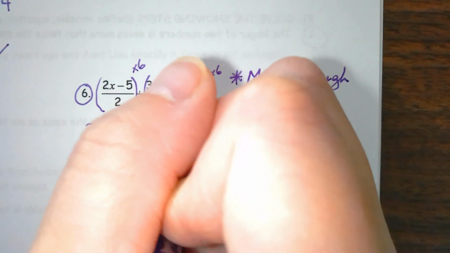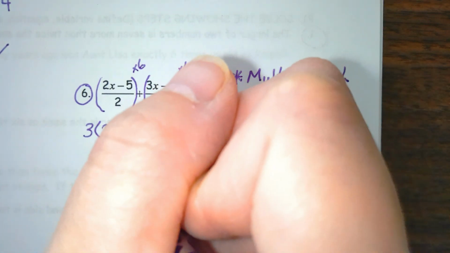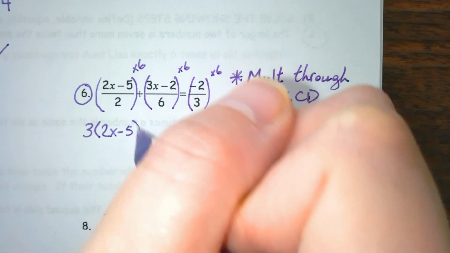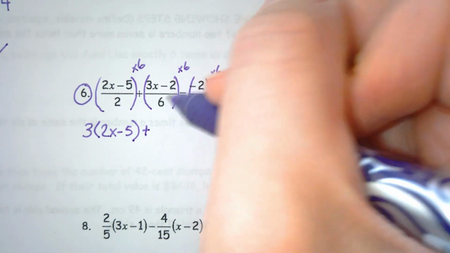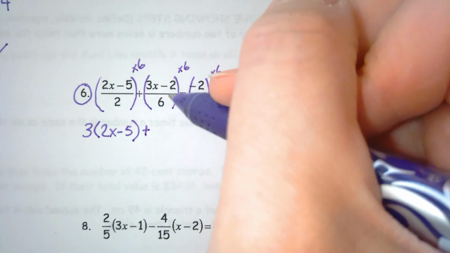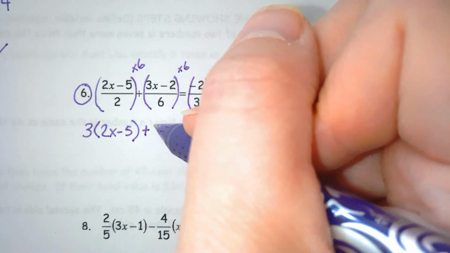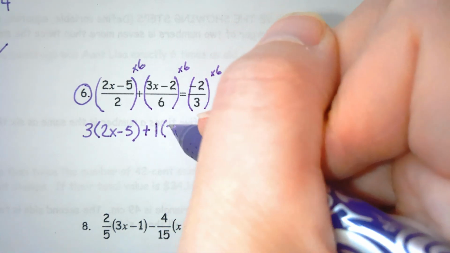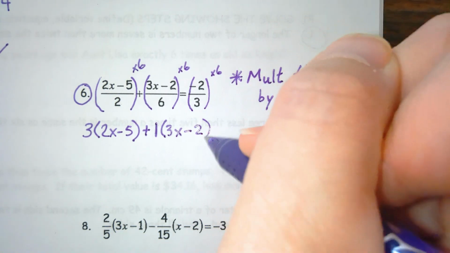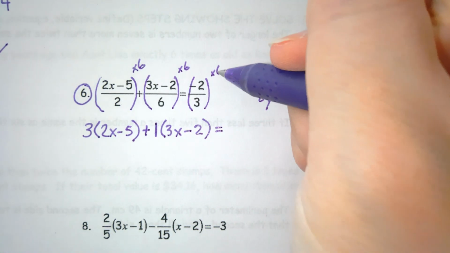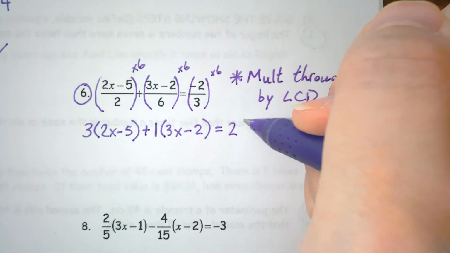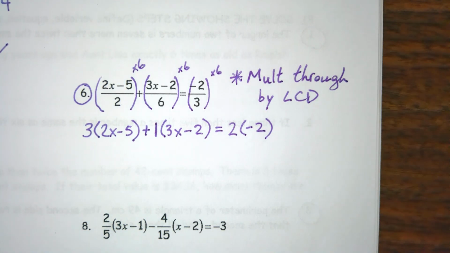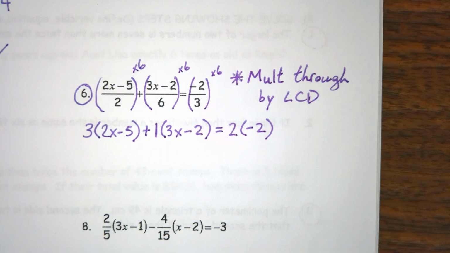So I'm doing 3 times this numerator. 6 divided by 6 is 1, so 1 times my numerator. 6 divided by 3 is 2. So 2 times -2. And there you go. One step, no more fractions.